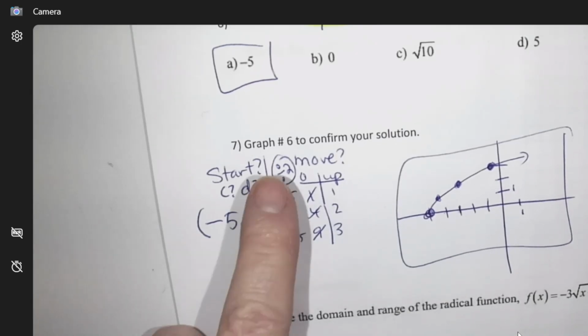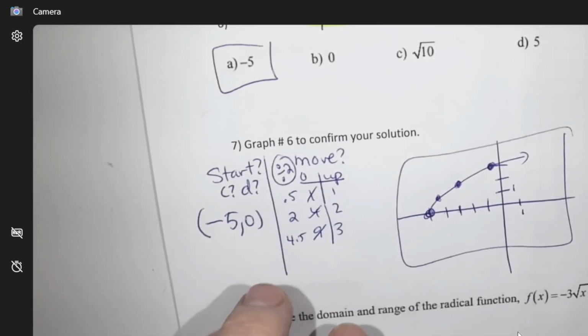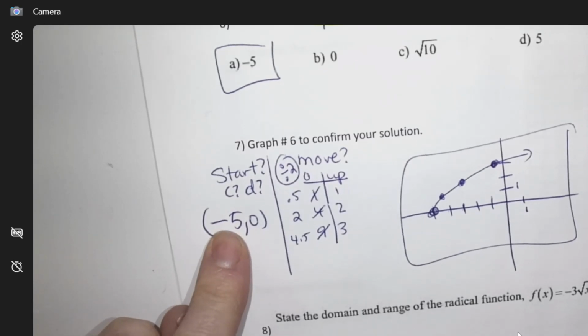Okay? So that's all you need to understand with graphing radicals. Where do you start? How do you move?